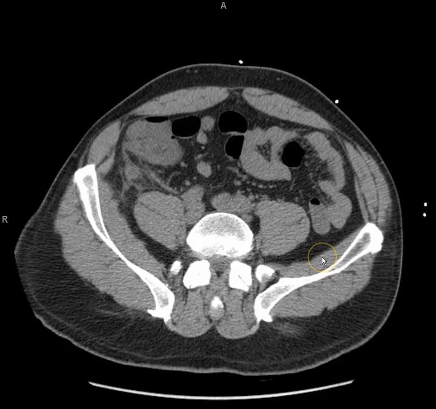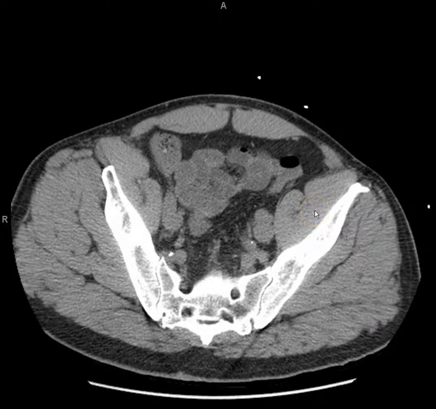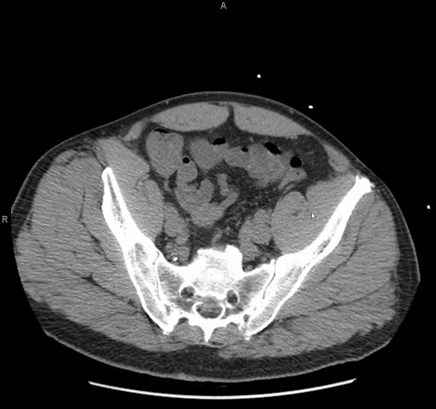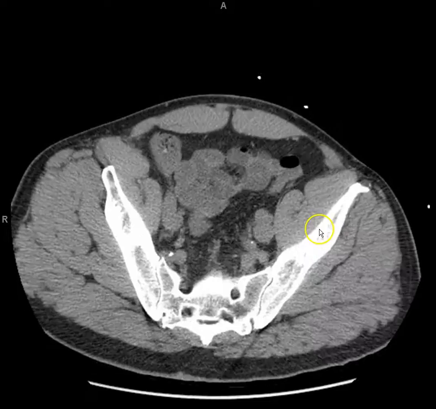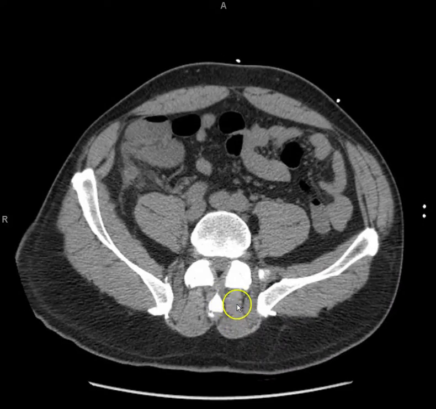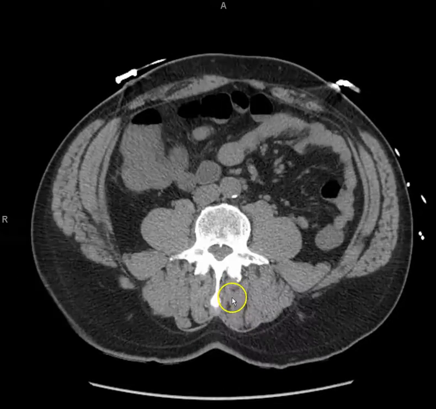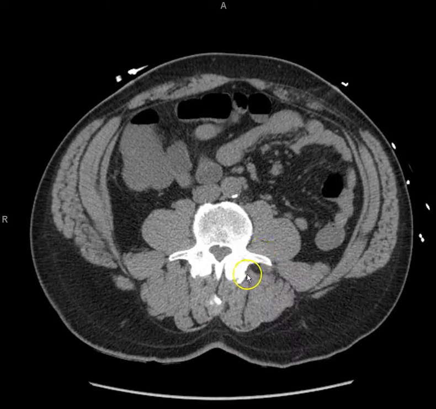Okay, what's this? It's the iliopsoas. Okay. Because they fuse, right? And this is what? Paraspinal, that's right.